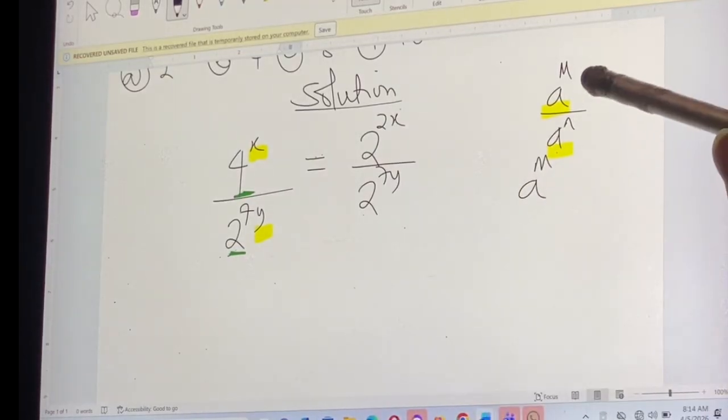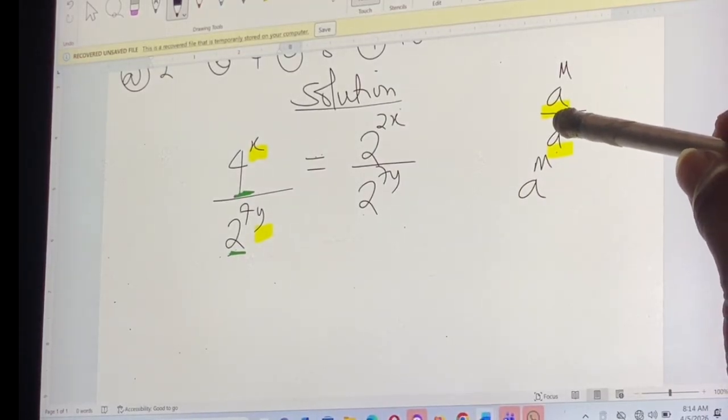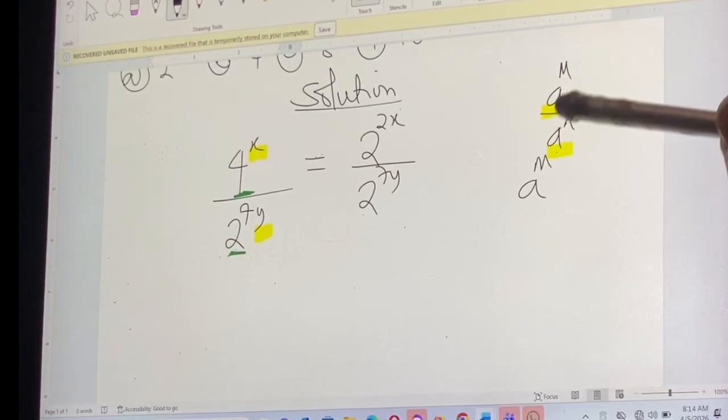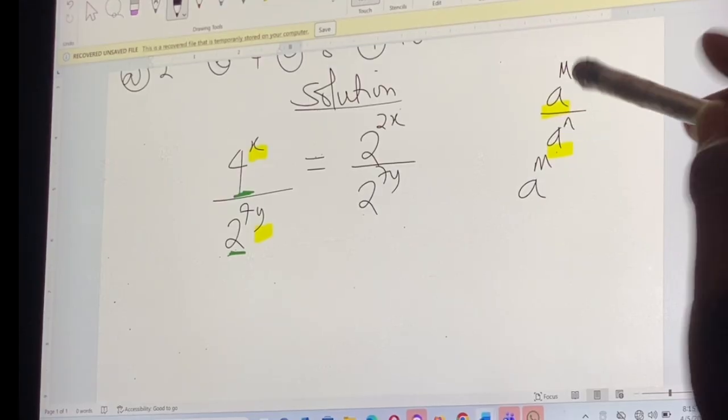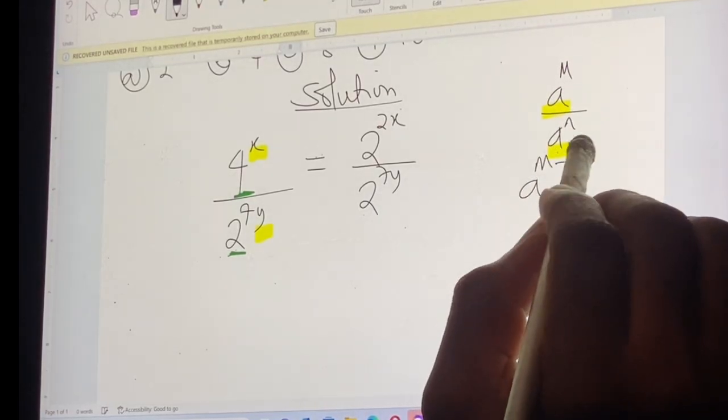Please take note of this. Whenever you are taking any power from denominator to numerator, the sign of the power will change. The same thing here, whenever you are taking any power from numerator to denominator, the sign of the power will change. So taking this n here from denominator to numerator, I will have minus n.